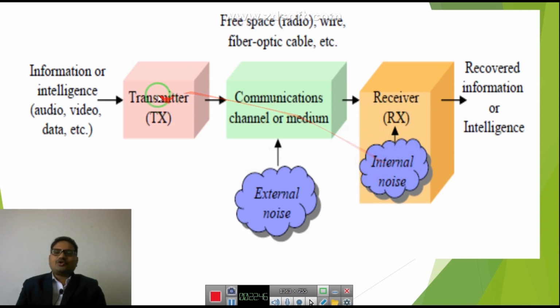Internal noise. So when this information is transmitted to the receiver through the channel, which could be wired, wireless, or free space, there is a chance of external noise being added, and at the receiver there is internal noise. So they are going to affect our information.